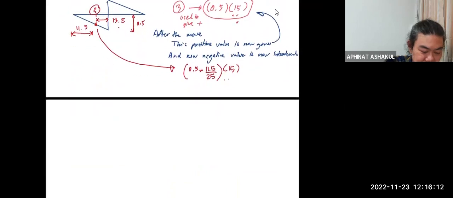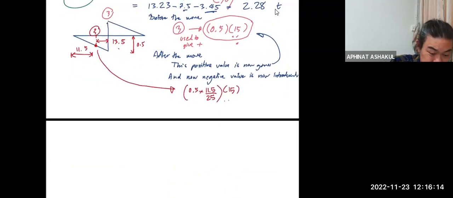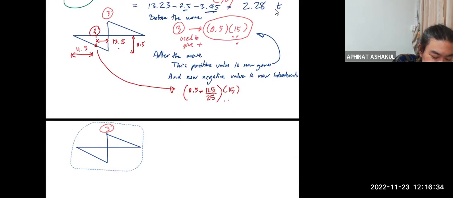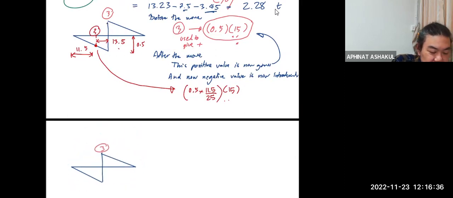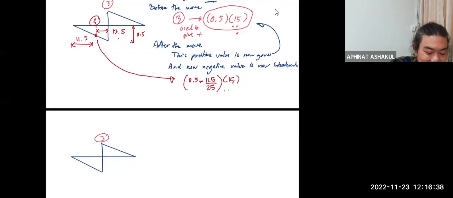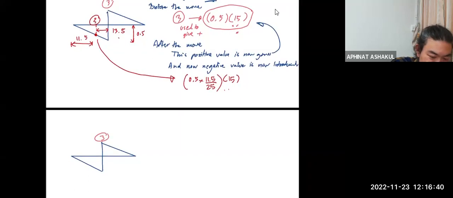Okay, so let me write it. Load number 3, you can say it goes up the slope, just like the reservoir.